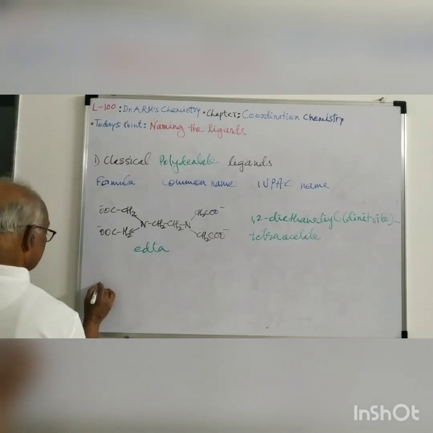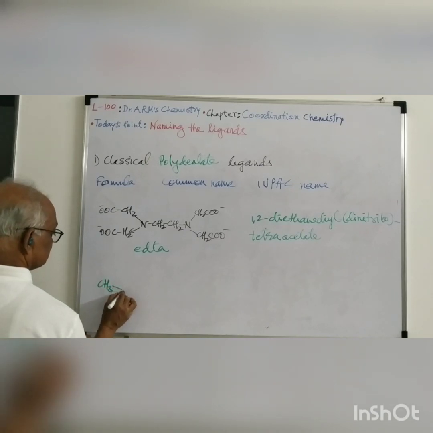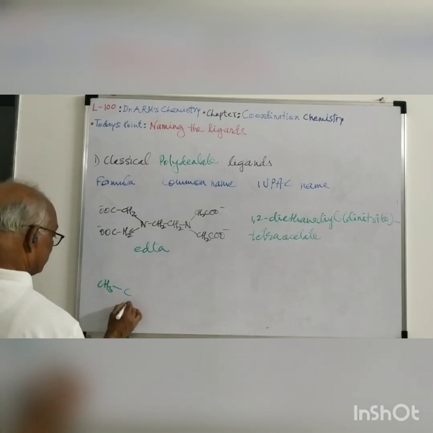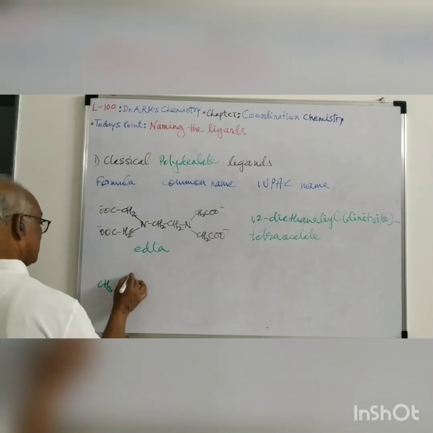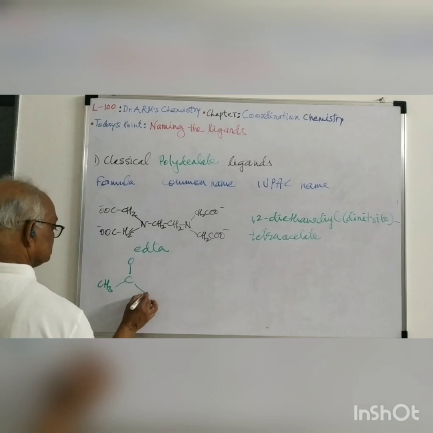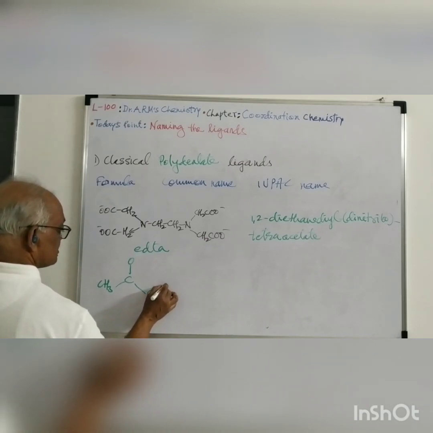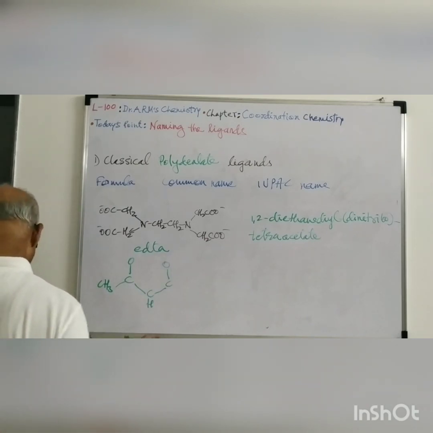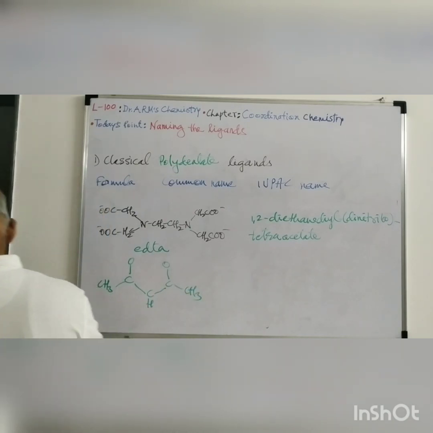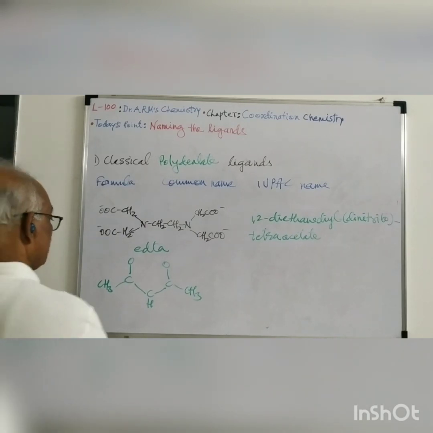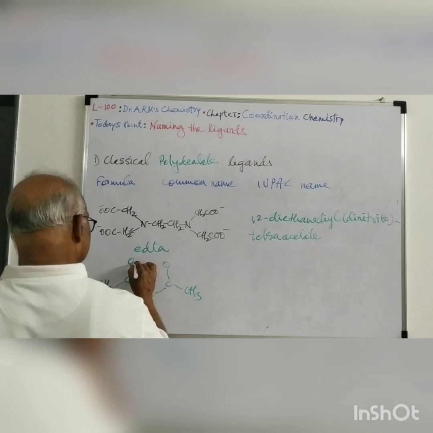Another example: the formula is like this, CH3 CO CH CO CH3. So here the structure is like this.